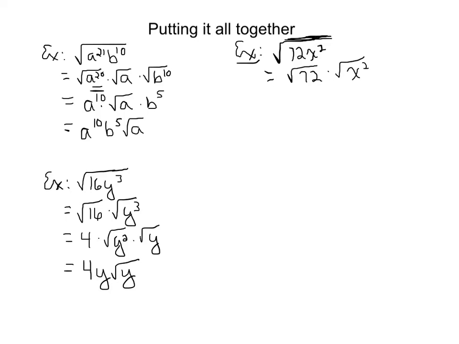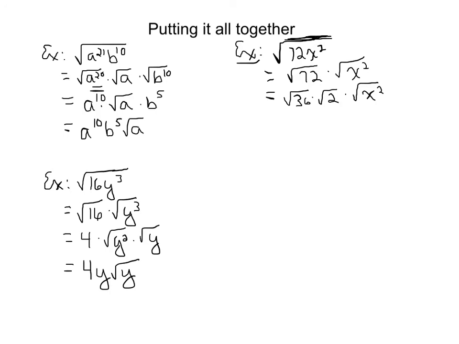Now, in this particular case, 72 isn't a perfect square. I wonder what the largest number is that will divide 72 evenly. Now, it might take you a couple of steps to get there, but I happen to know that the square root of 36 times the square root of 2 will give me 72. And then I have my square root of x squared.